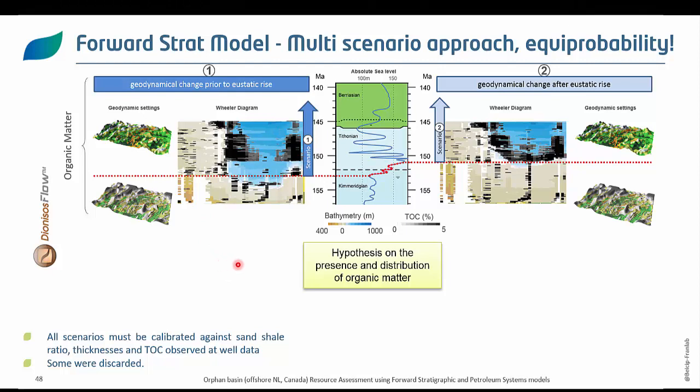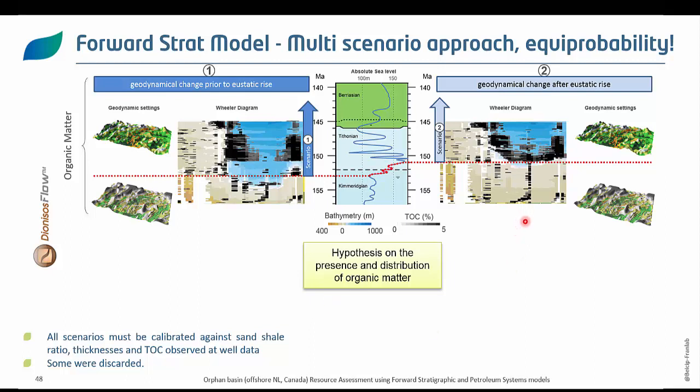The first case sees the geodynamic change happening while the eustatic signal starts to rise. The other one right after the rise. And what are the main effects? Scenario one is favorable to a rapid marine drowning of the system, which implies more oxic condition and, as a matter of fact, less preservation of organic rich intervals.